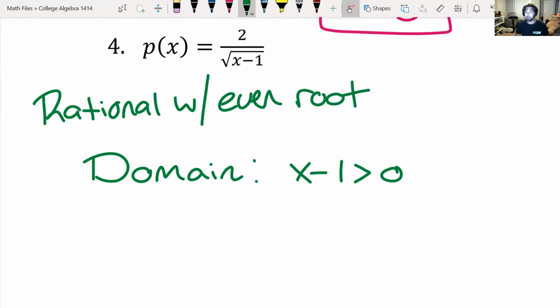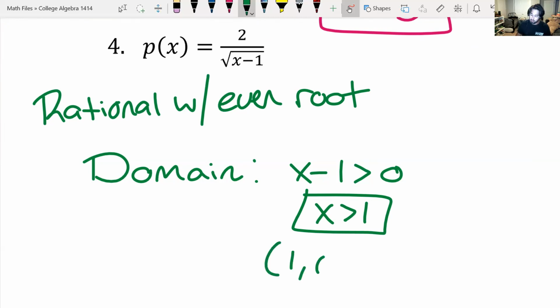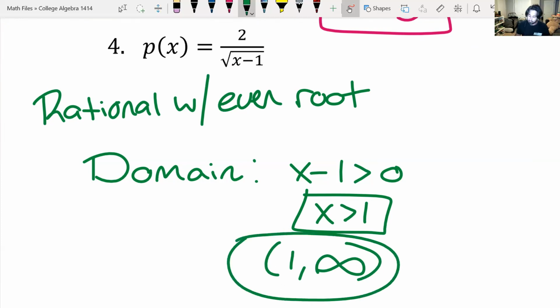So this will only be a greater than. Add the 1 over. Your set notation is done. And now you want your interval notation. We want numbers bigger than 1. So this means we're going to start at 1 and head towards infinity. And there's our answer.